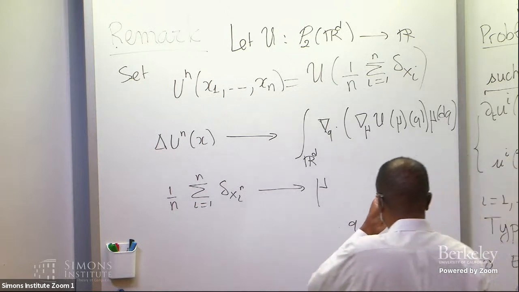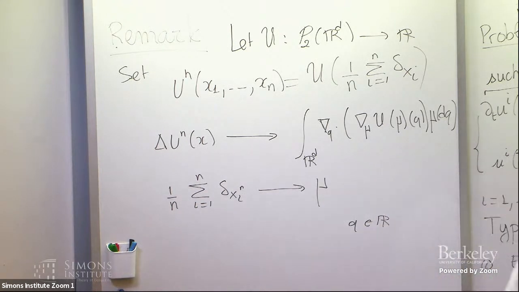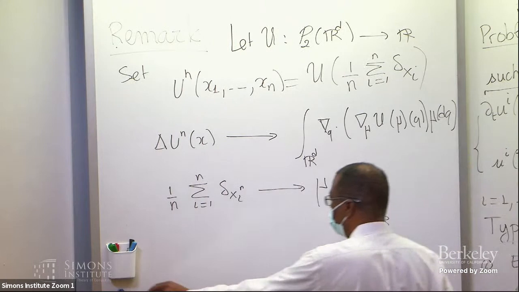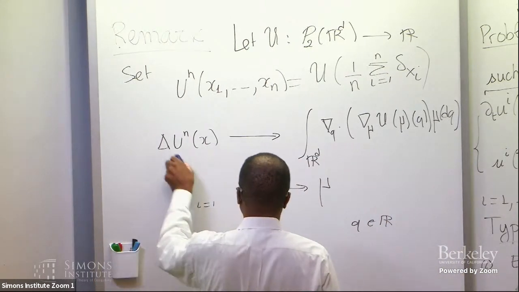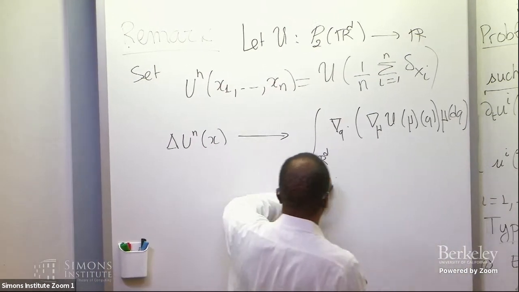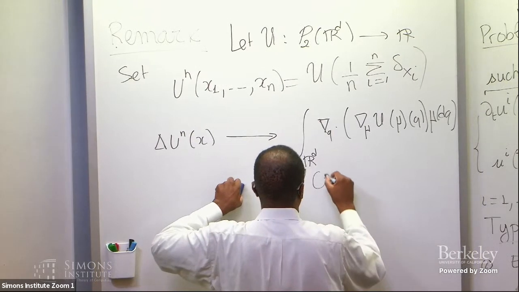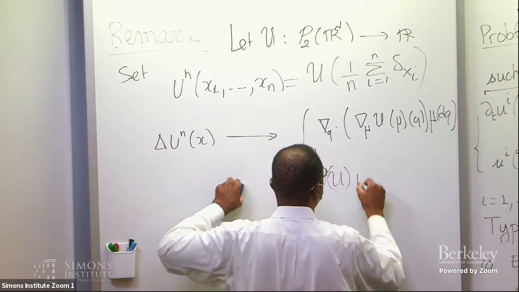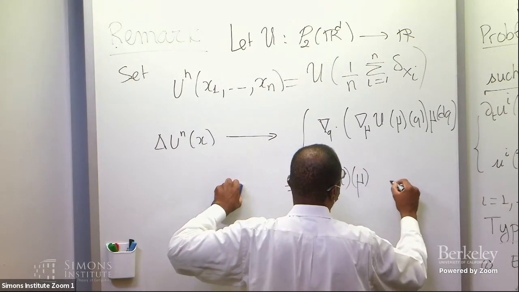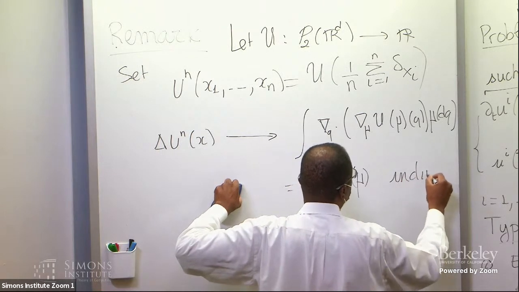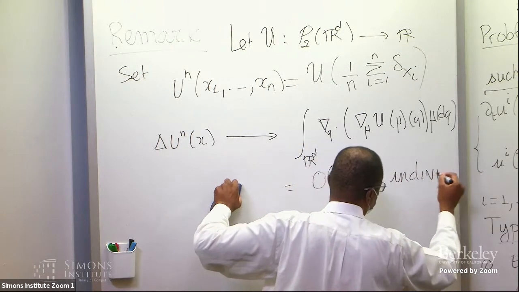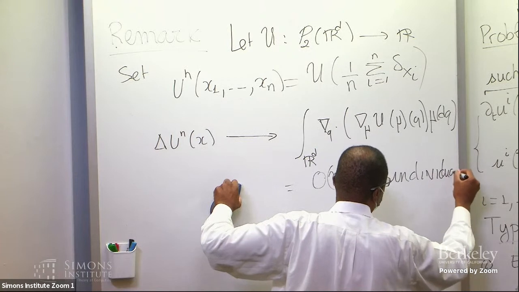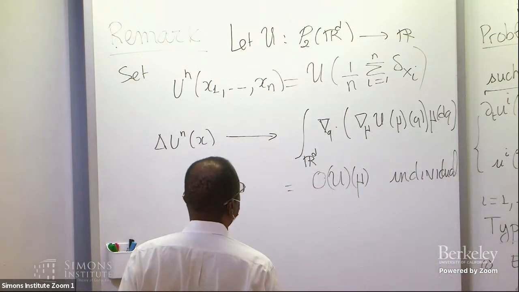So I am going to call this O, O U of mu. This is the individual noise operator.